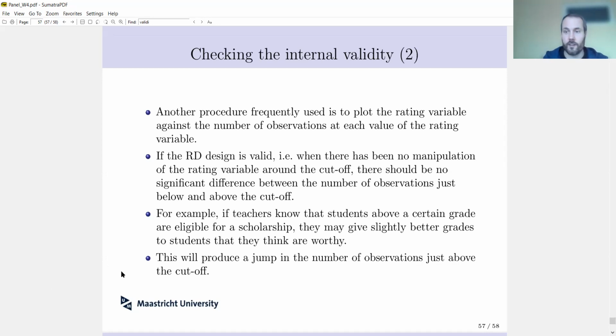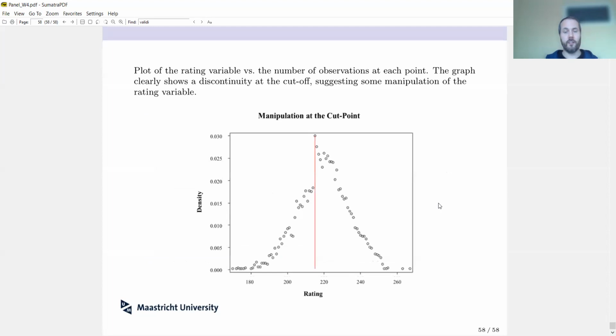What we should see in that particular case is, as it says here, a jump in the number of observations just above the cutoff. That's the density plot that we see here. There are very few observations far away from the cutoff. Then we have quite some around the cutoff. And then all of a sudden, there's this huge jump.